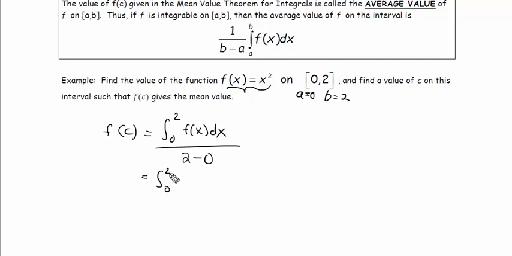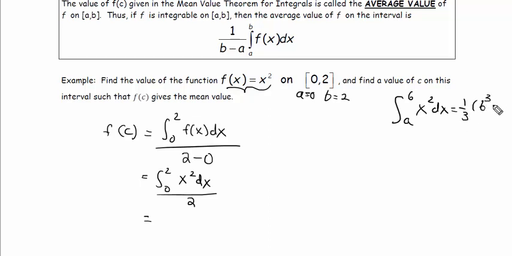So f of x was x squared, and that's all over 2. But I know using my rule that this is going to be 1/3 b cubed minus a cubed. So I have in the numerator 1/3 times 2 cubed minus 0 cubed all over 2.